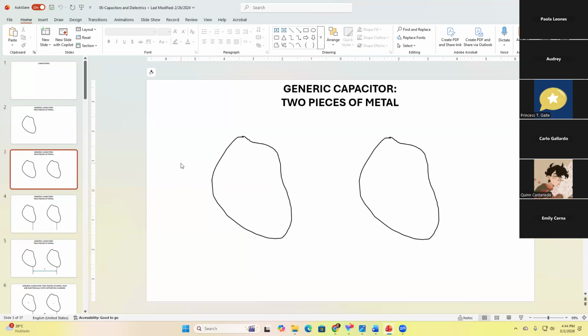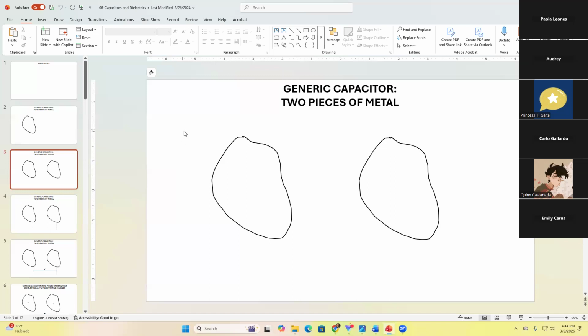And why is it so important? Well, it is important because it can store energy. It can store electrical energy that, if properly tapped into, can be used to power your devices.